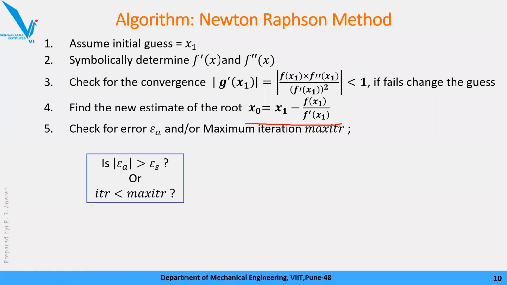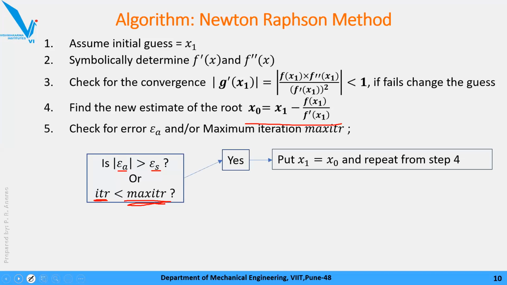Is your calculated error more than the given error? If it is so, what do we need to do? Check the iteration number: is your current iteration number less than the given maximum number? If yes, you have to do more calculation, more iterations. So you have to put the x0 value into x1 and go back to step number 4, and again repeat until I break this loop.